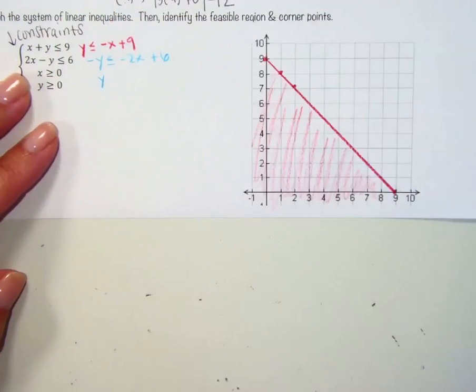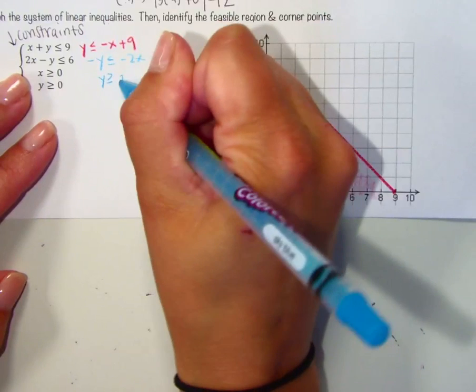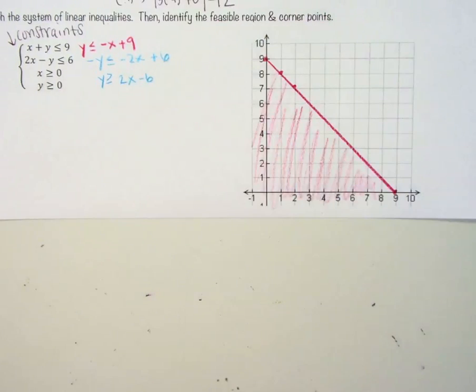So this goes back to Allie's question earlier. Remember, when we divide by that -1, we need to flip our inequality. And then we kind of run into a problem. What's our problem here?